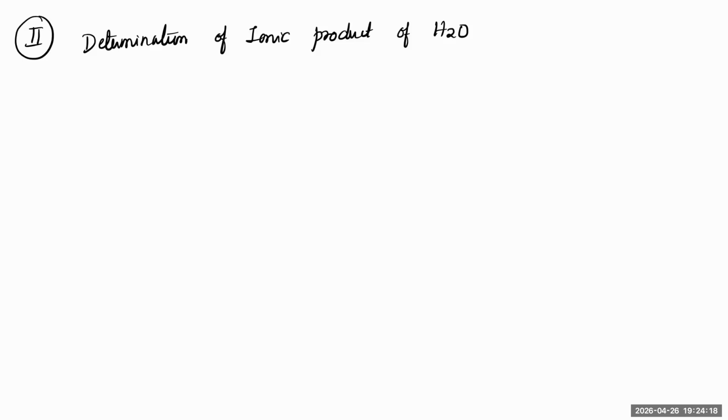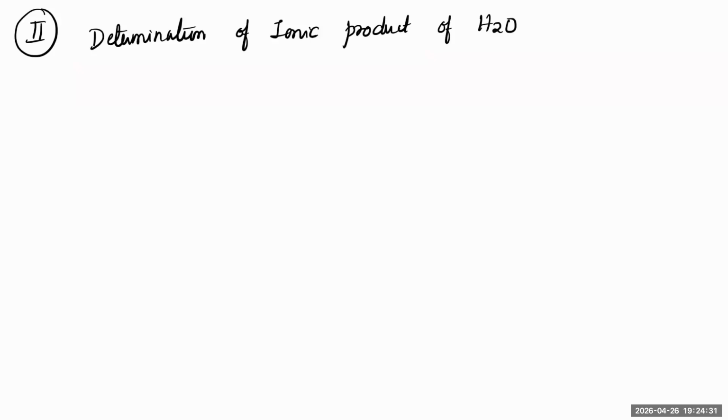The second point is about determination of the ionic product of water, which is IP, or we write it as Kw. Let's solve that. Kw, or simply ionic product, is the concentration of H plus into OH minus for water.